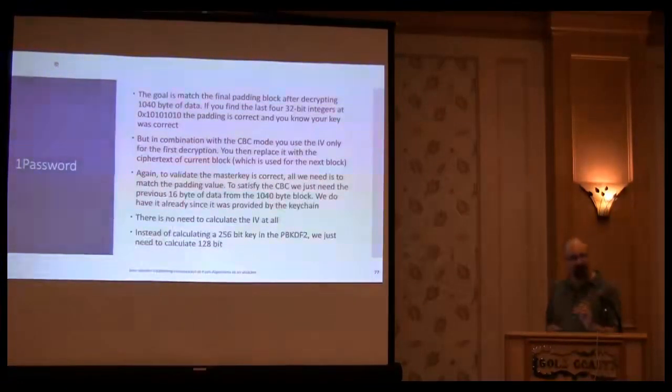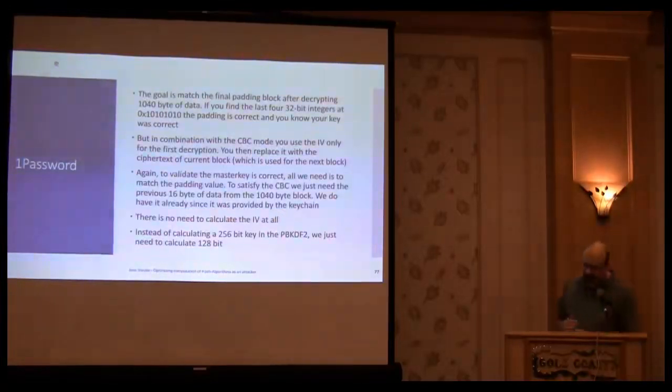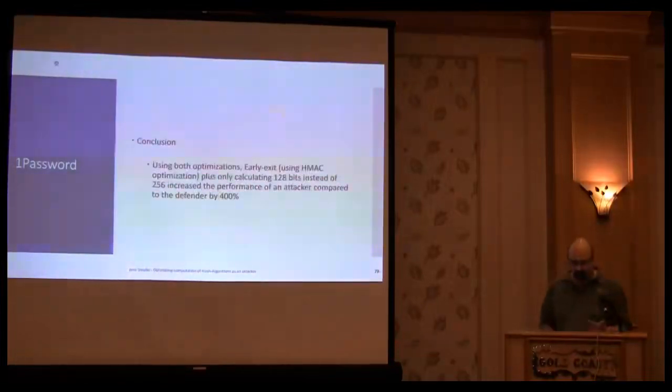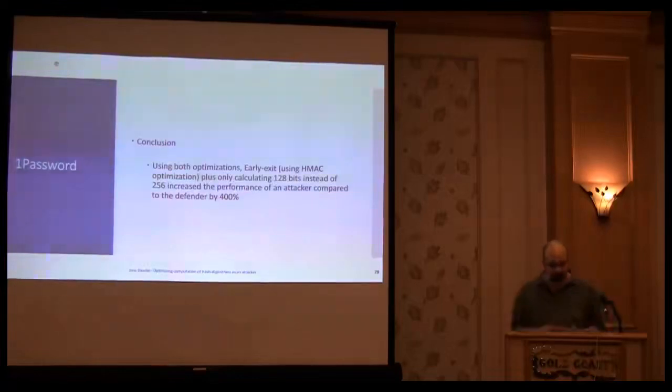If it matches the padding from the AES, we know we have used the right key. So all we need is to calculate 128 bits instead of 256 bits, because we know the IV, it's present in the keychain. So we can skip 50% of the calculation there, and another 50% because of the HMAC problem I described before.